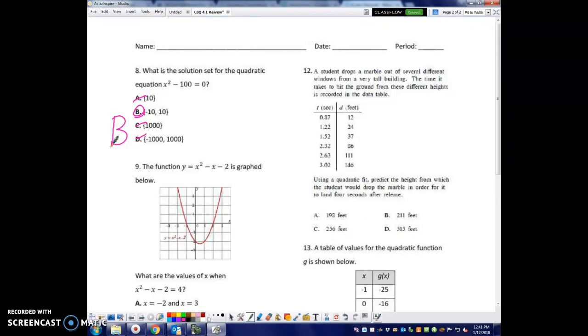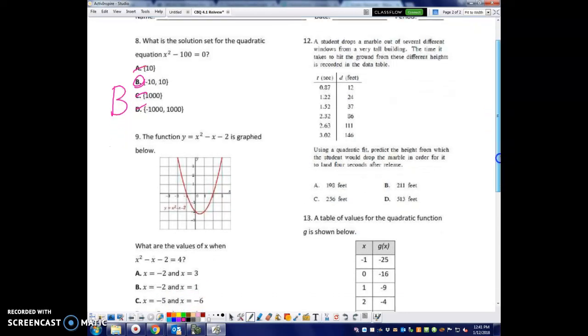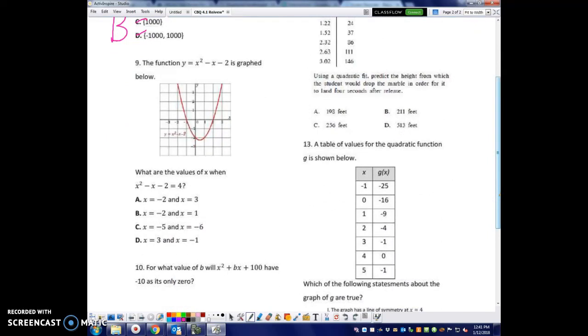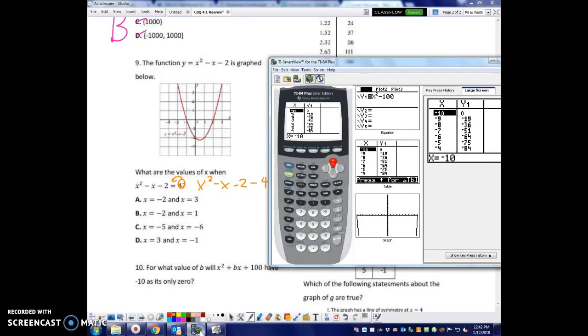Number 9. Number 9 says the function y equals x squared minus x minus 2 is graphed below. What are the values of x when it's this? All we're doing here is graphing the bottom equation. Just move that 4 over, and it becomes a what? A negative 4. Type it into your calculator.